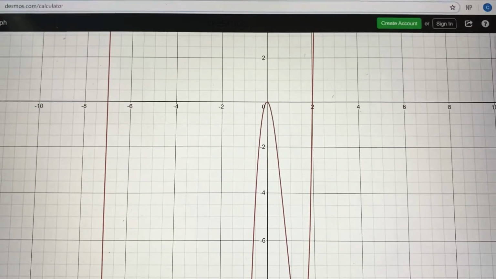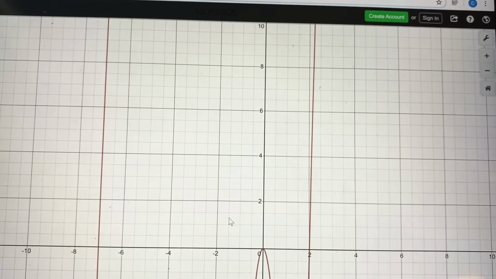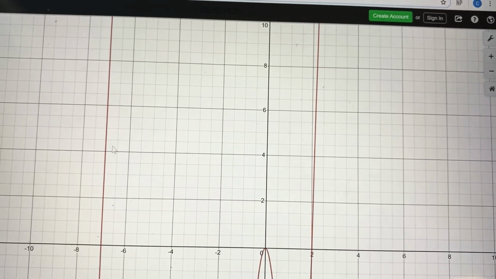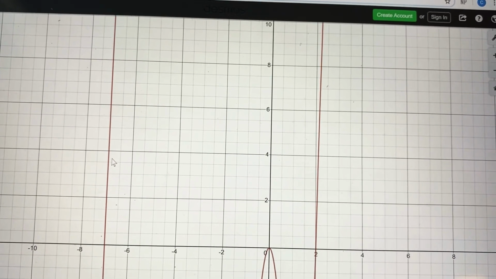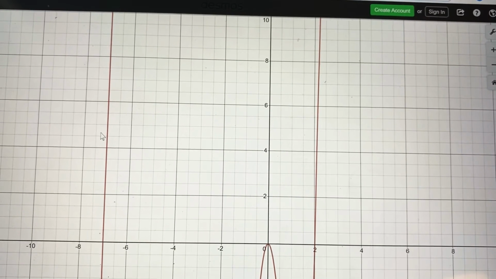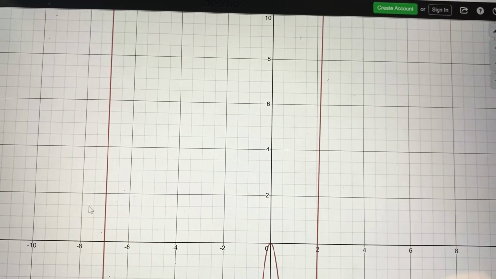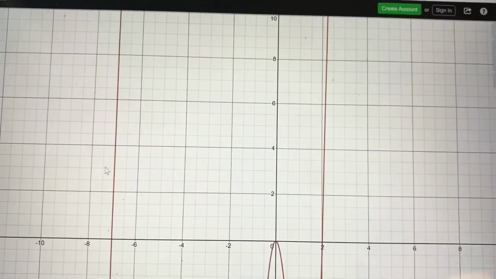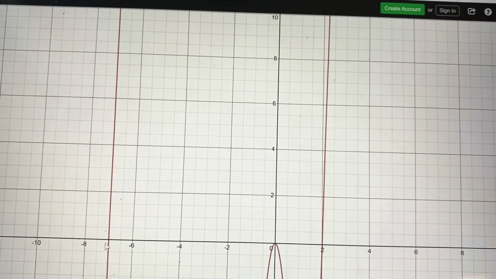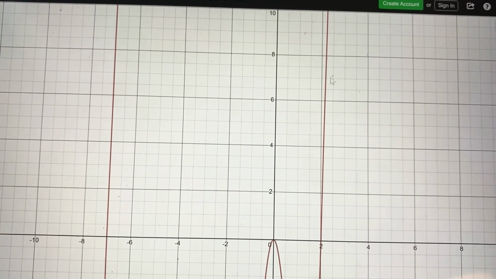Coming back up to here, all of this is increasing. So we have from negative infinity, because it comes up from negative infinity here, negative infinity to negative 7, and from 2 to infinity.